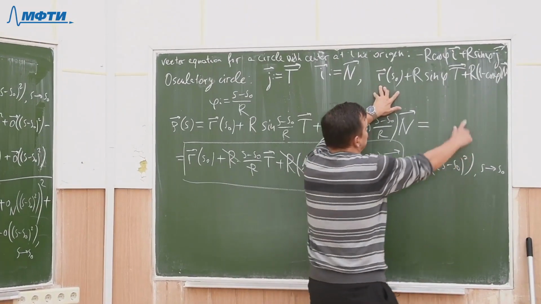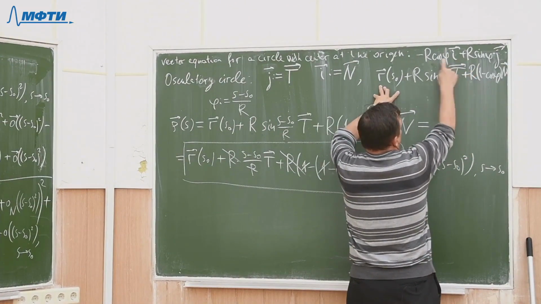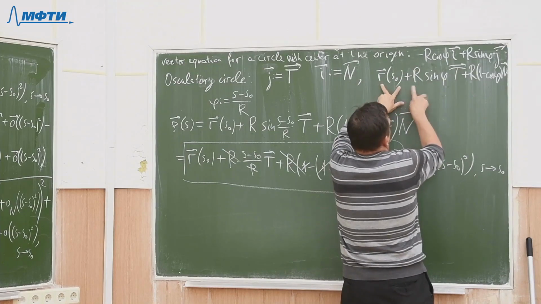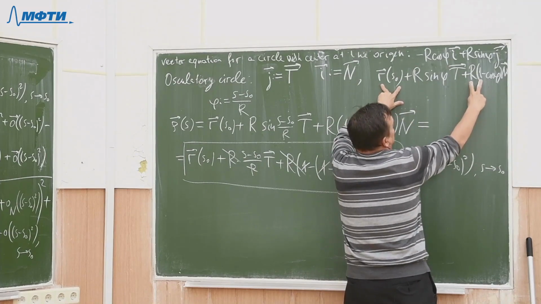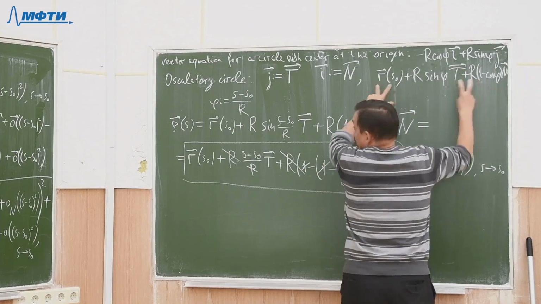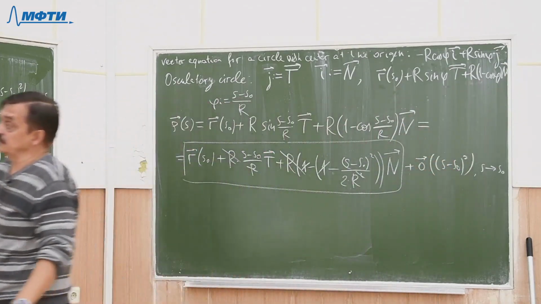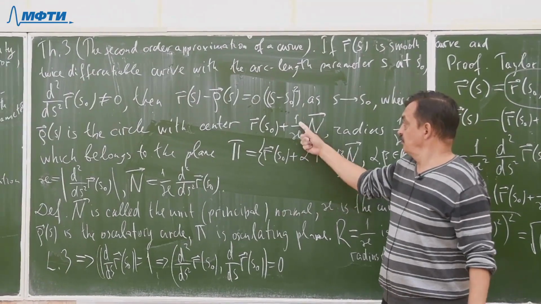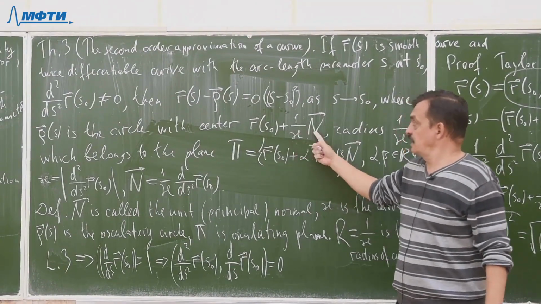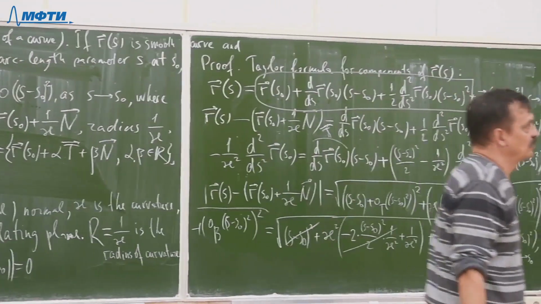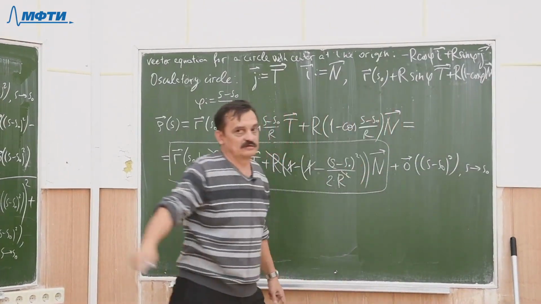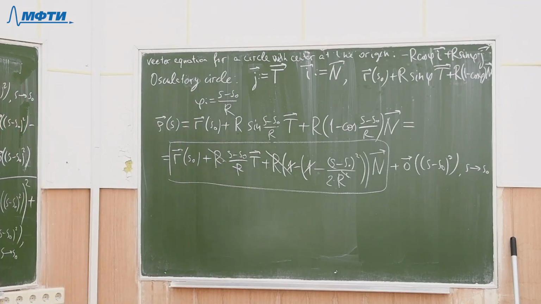So here the circle is centered at the origin. Now I added the center. The center is here. 1 over kappa is just R times n, so R times n plus R of S naught. That was added to the origin.